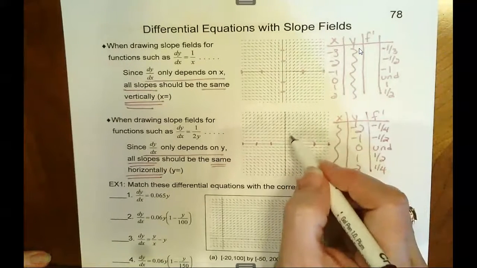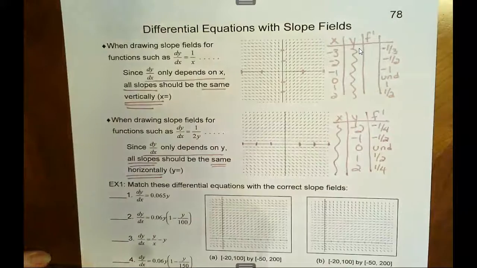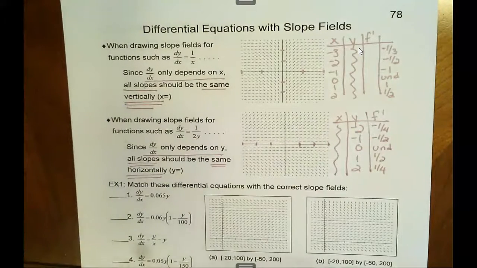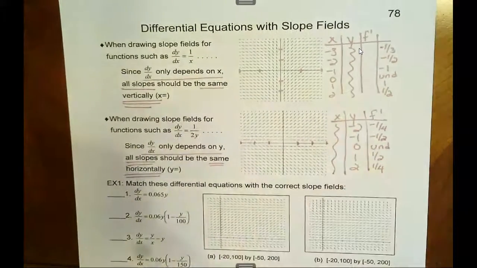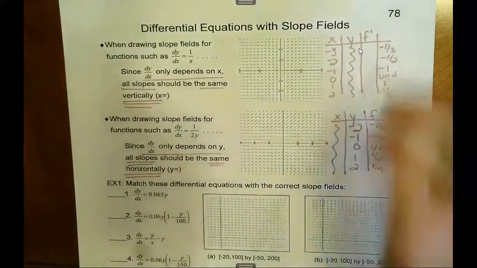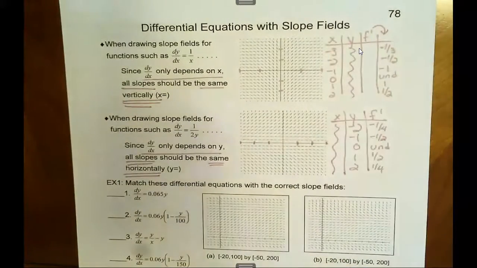Can't really see the ones going up and down this time, but that will help you in seeing those slopes that we just labeled. I have no idea why I did that up there. I just noticed. Oh well. So we get the idea here that if we have a derivative that is just dependent on x or just dependent on y, it's going to make drawing those slope fields a little bit easier.